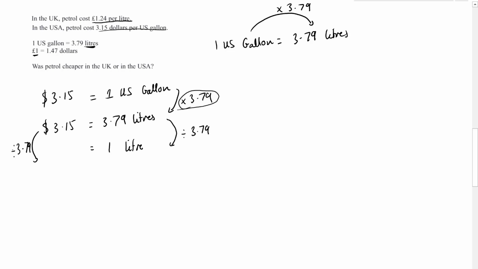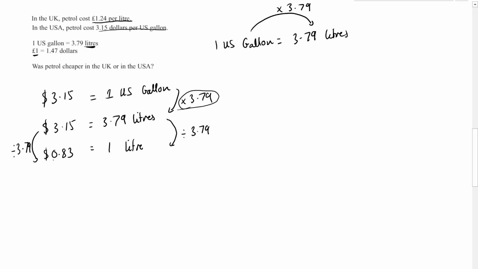So this is why I have to do this one to both sides, but I don't actually have to change this gallons and litres, because the amount of something I'm getting is exactly the same. So if I do 3.15 divided by 3.79, I get that this is the same as $0.83.